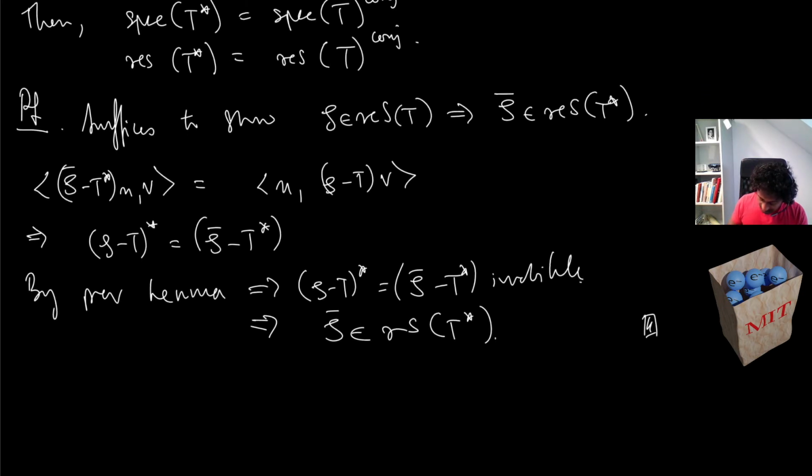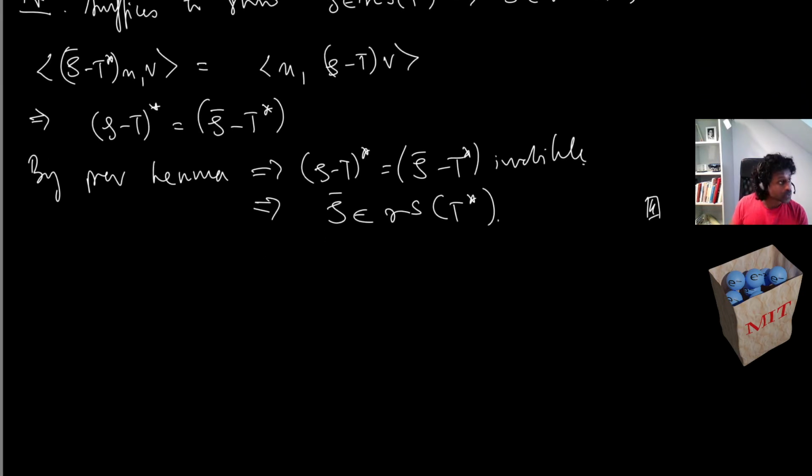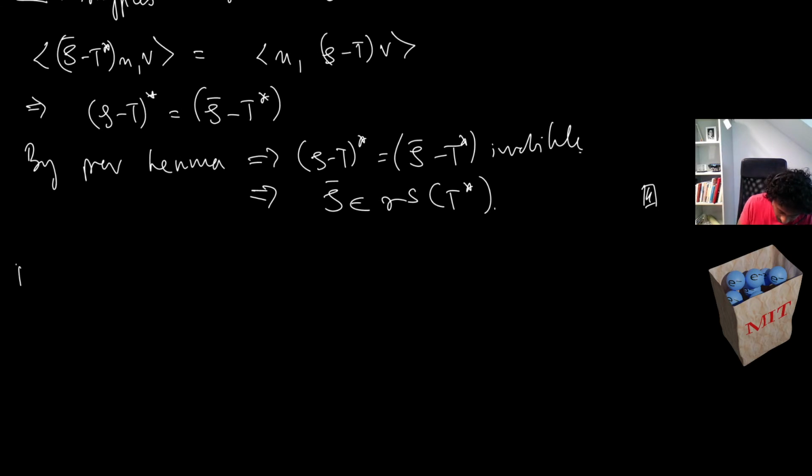Okay, so let's have a look at a few examples just to polish our understanding. So suppose we have A being an n by n matrix.